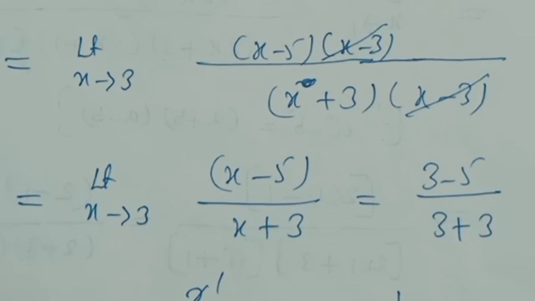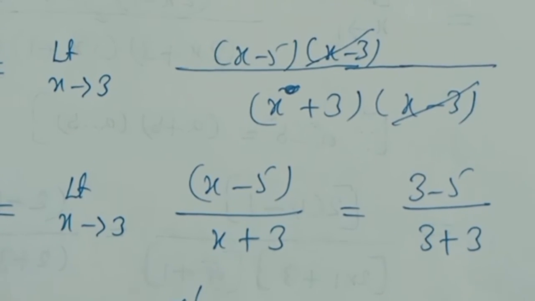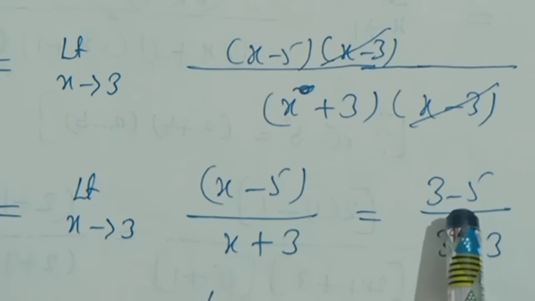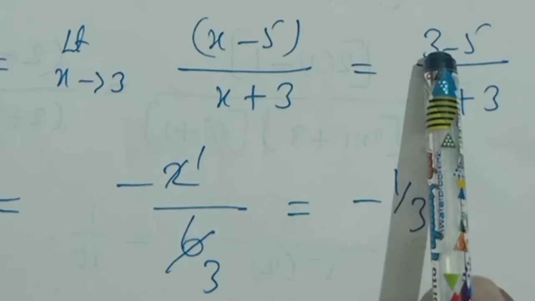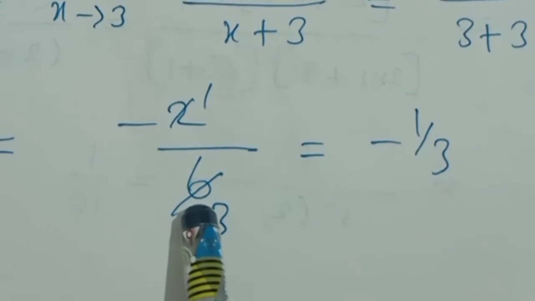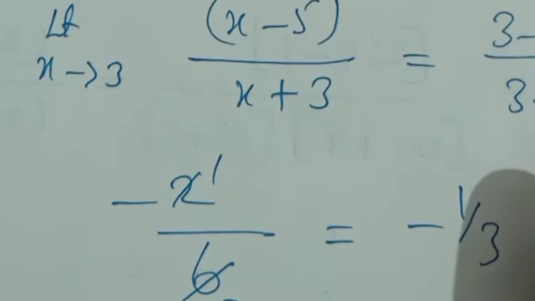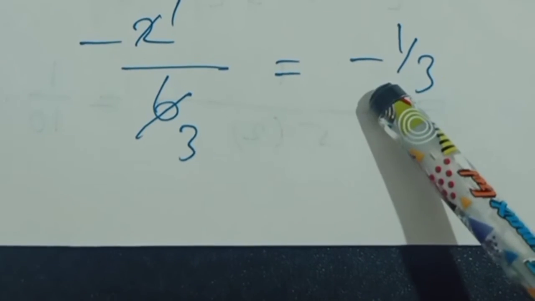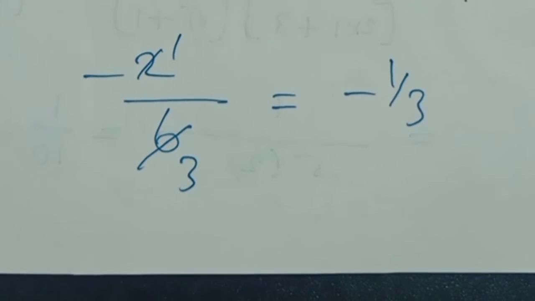Now we apply x equal to 3 in this; finally it will be 3 minus 5 by 3 plus 3. The numerator value 3 minus 5 gives minus 2, and 3 plus 3 is equal to 6. So 2 and 6 get cancelled. Finally we get minus 1 by 3 as the final answer.